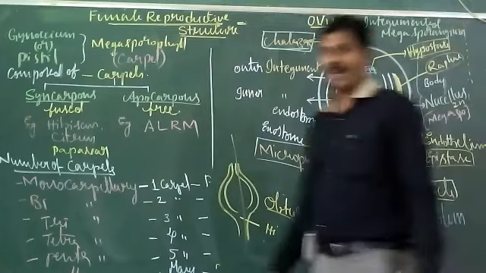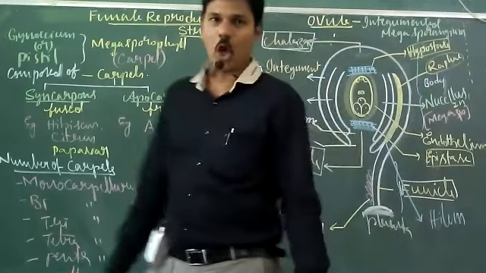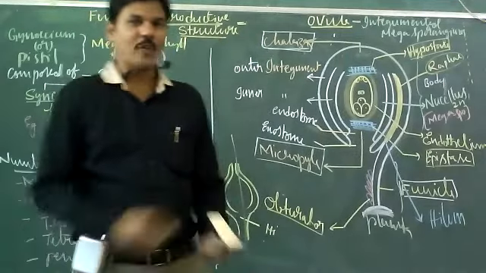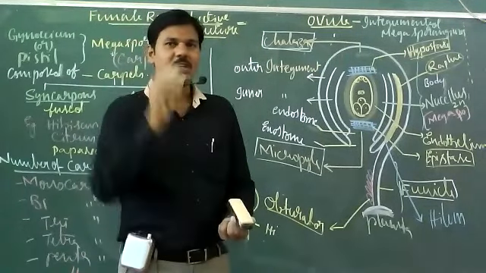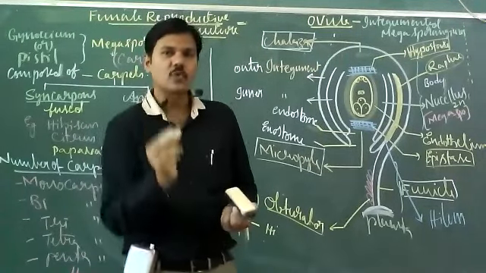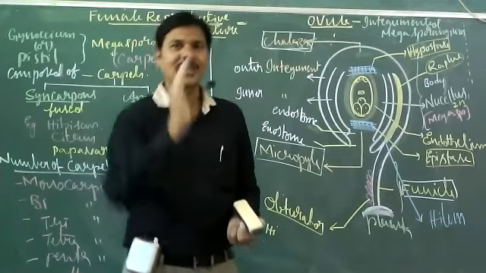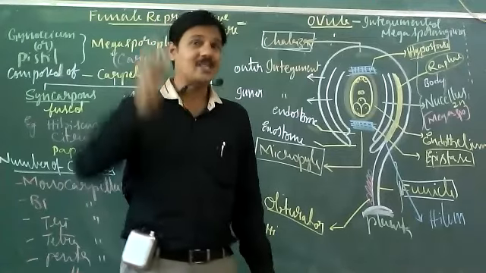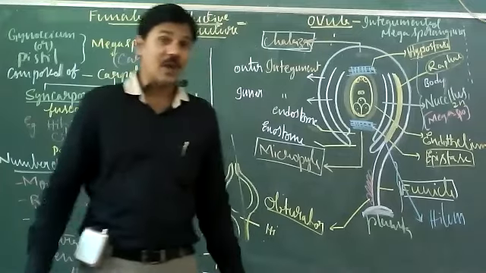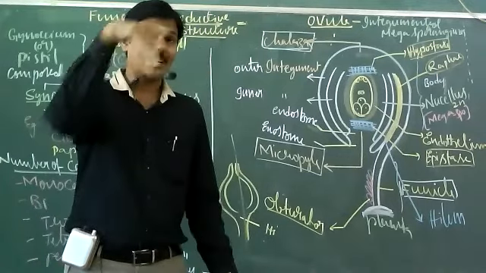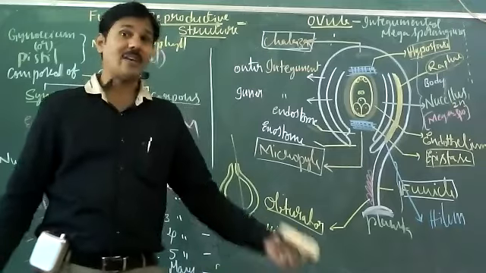The extended funicle is called the raphe, a small, swollen, ridge-like structure, found only in the inverted ovules.